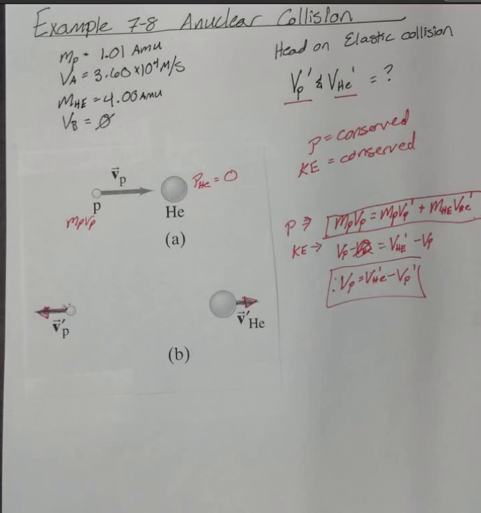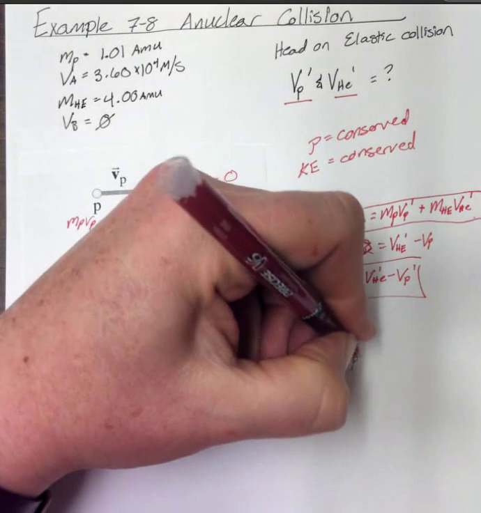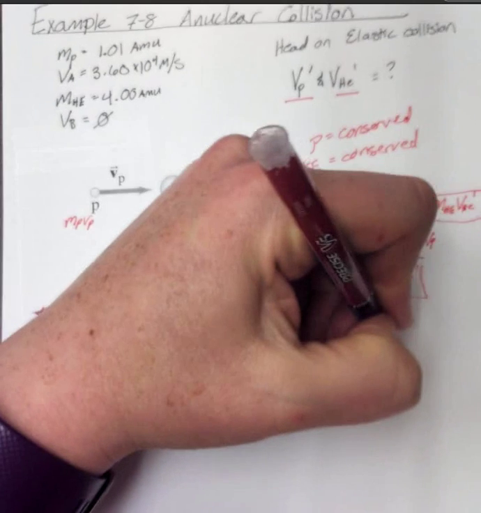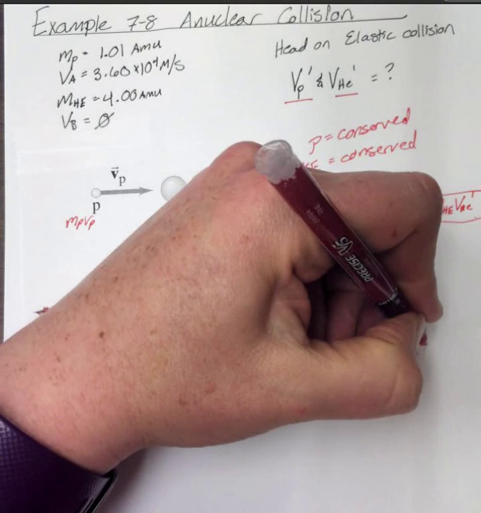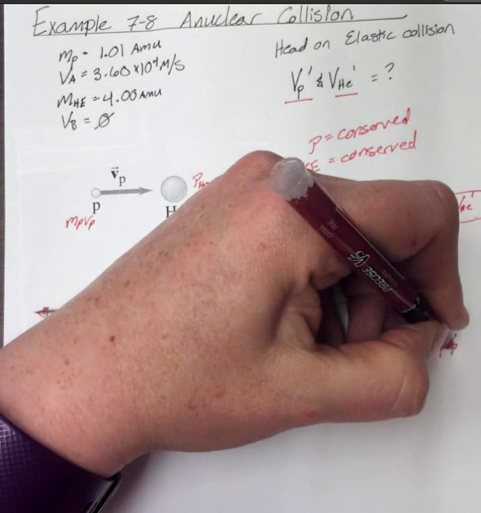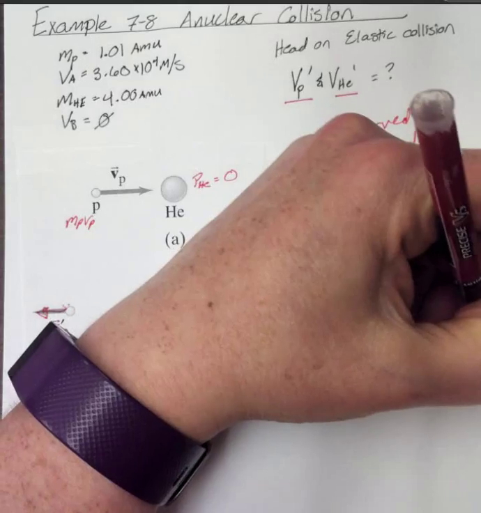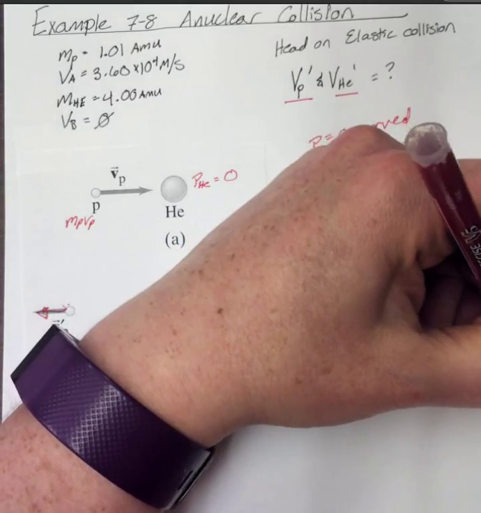So here we get mPvP equals mPvHe' minus mPvP plus mHeVHe'.